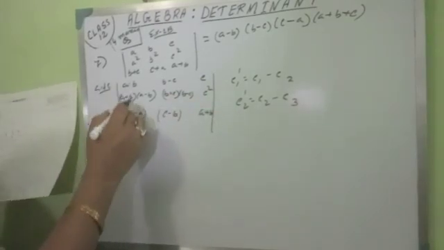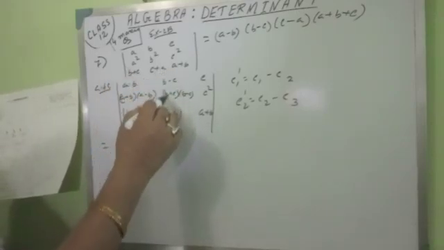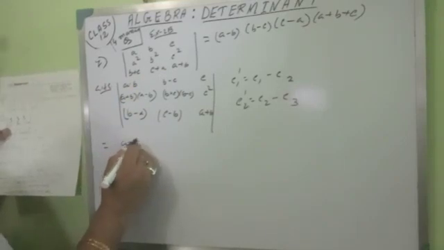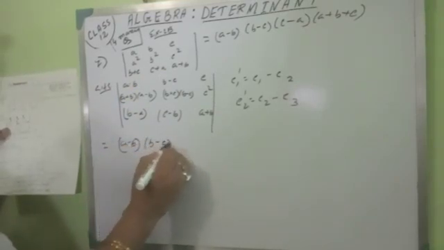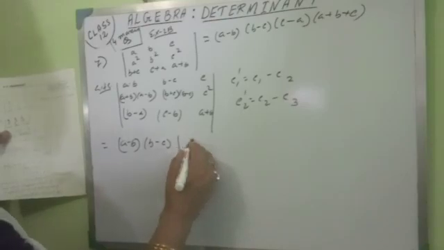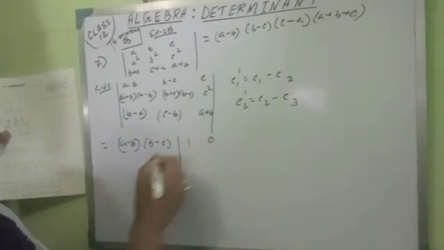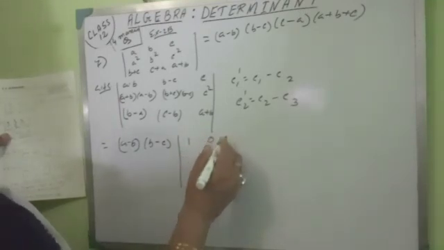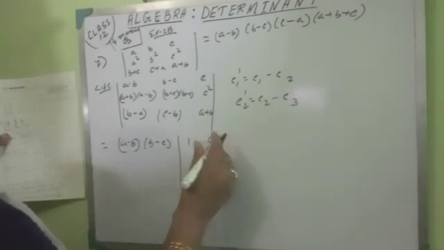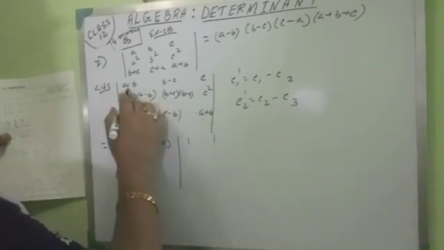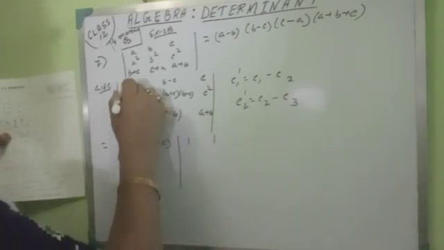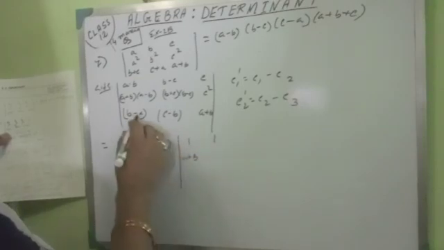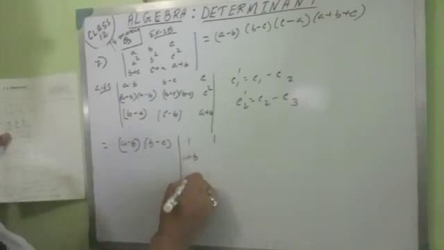Now A minus B from the first column and B minus C from the second column we can take outside. So A minus B into B minus C. So what we will get in the determinant? 1, 0, 1; A minus B, and A minus B from the first column, so 1, right here A plus B, and B minus C is there, so it will be minus 1.